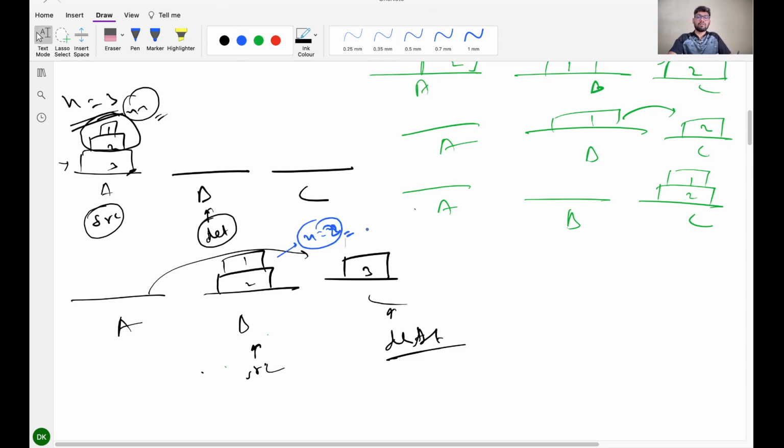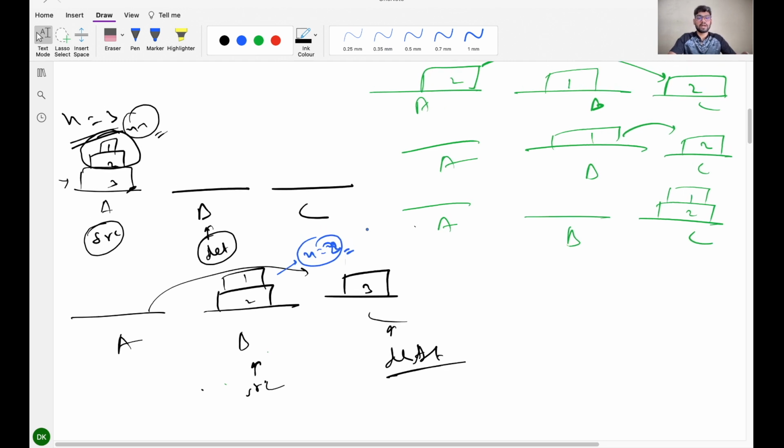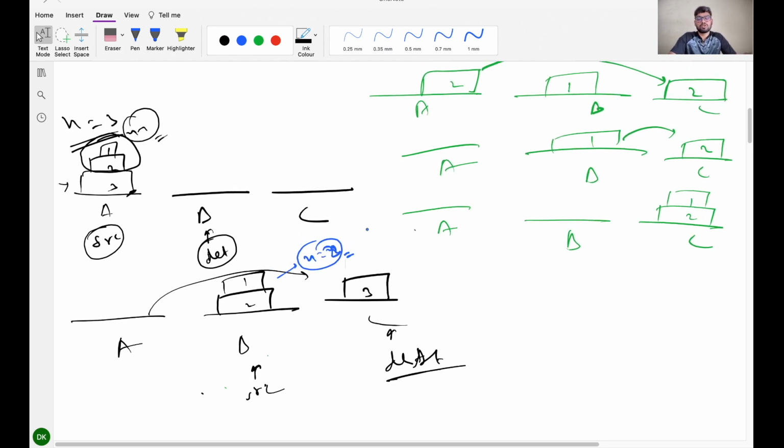So we can see that if I can calculate for n equal to 2, then I can also calculate for n equal to 3.